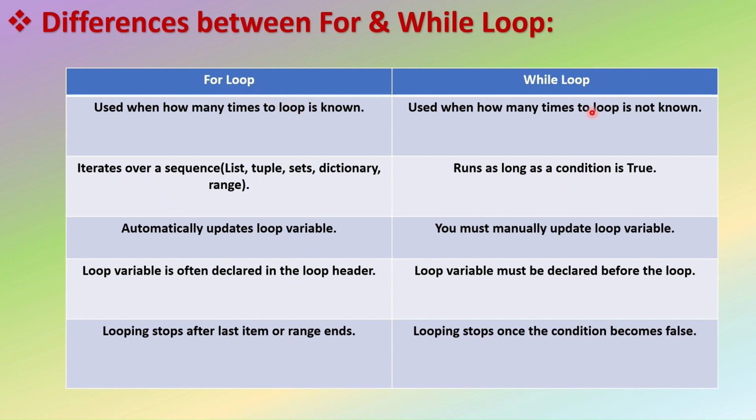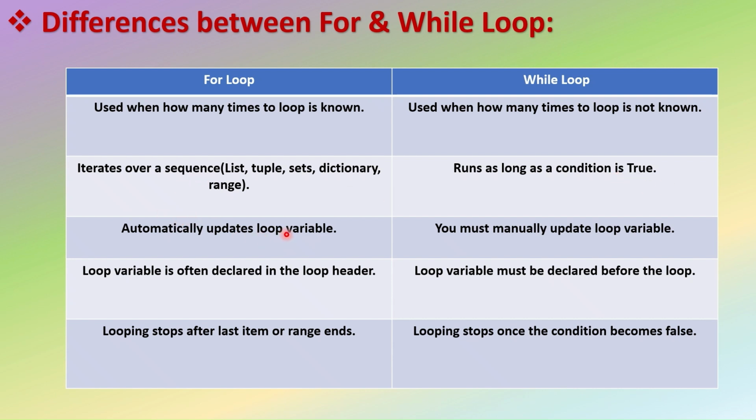But in case of while loop, if we don't know for how many times that we're gonna execute set of statements, or if we want to execute the set of statement until the condition is false, then we can make use of the while loop. So for loop, we have seen, right, it always iterates over a sequence of items. So that includes list, tuple, sets, dictionary, and range, and strings as well. Whereas while loop runs as long as the condition is true.